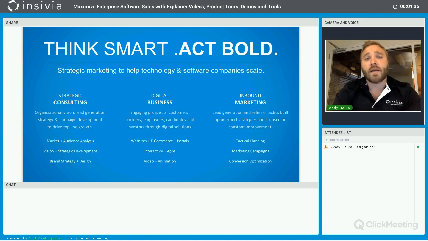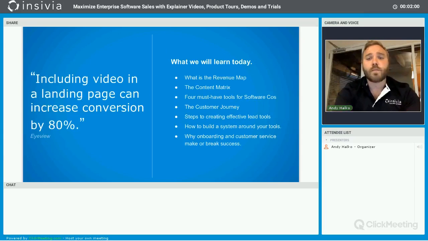Digital, which is our web and interactive, and marketing, where we provide retainers for search optimization, inbound marketing, and a wide range of solutions. We primarily work with companies in the technology space, which is why we have some unique insight to some of the things that we're talking about today with enterprise software sales, and specifically some of the tools that we're going to be diving in to talk to you about today.